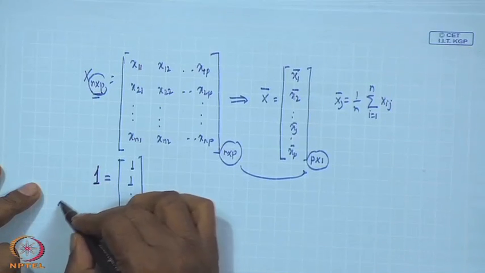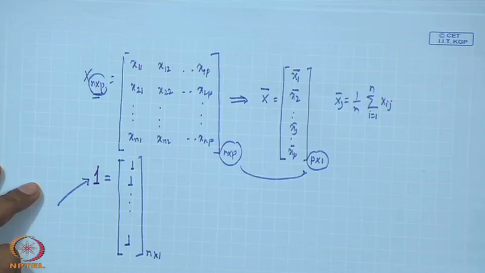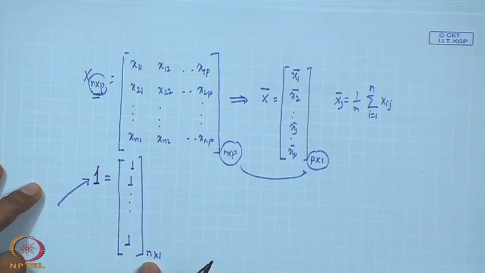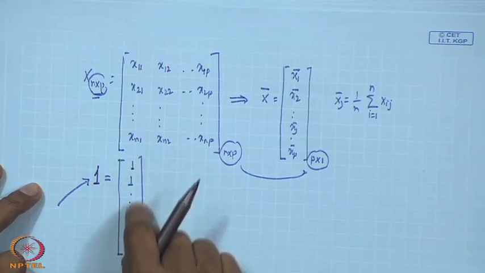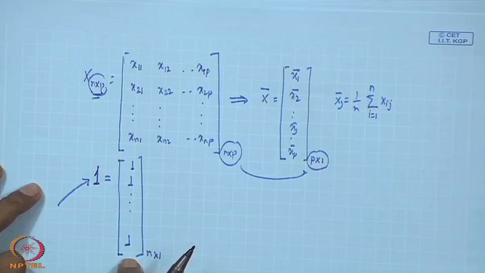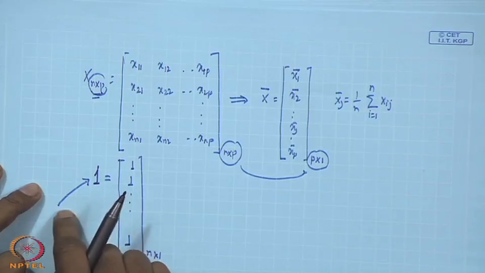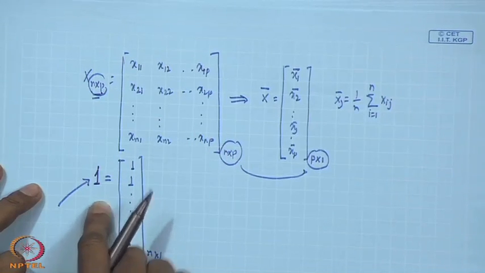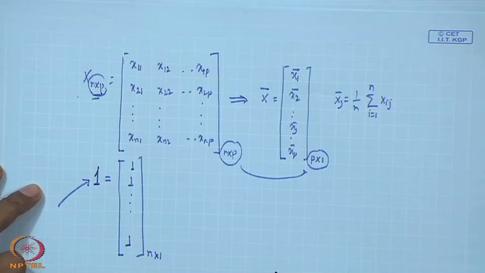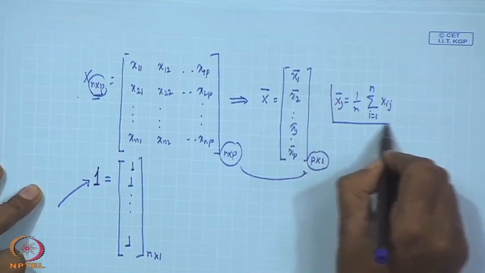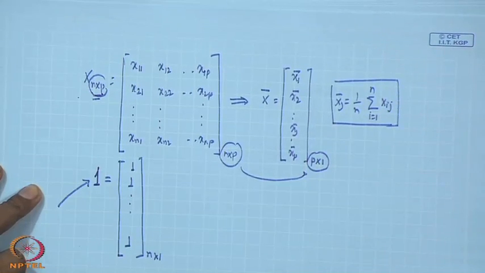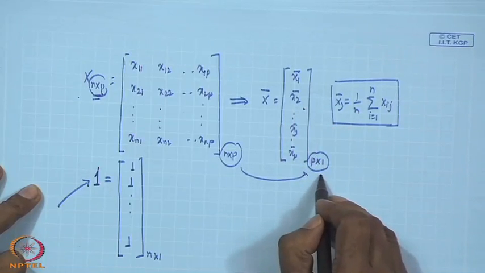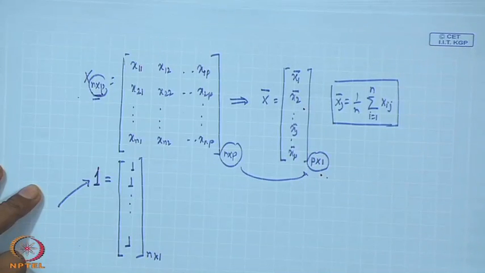I am creating one unit vector where there are n elements and each element is 1 only. Now I want to use this unit vector with this data matrix in such a manner that I can apply this computation formula and get a p cross 1 vector.